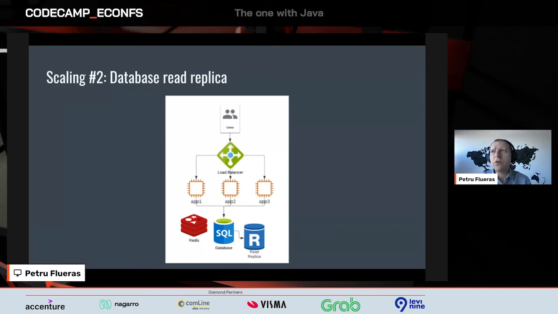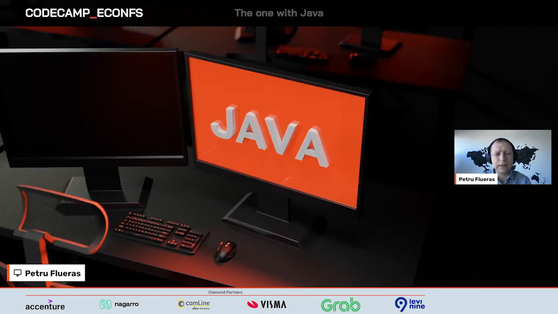For instance, you create an entity, it goes to the writer, and you need to read it right away. But you do it from the read replica, and the information is not there. So you also have to design the application carefully to accommodate these situations. What happens if the information is not right? How do you handle it?